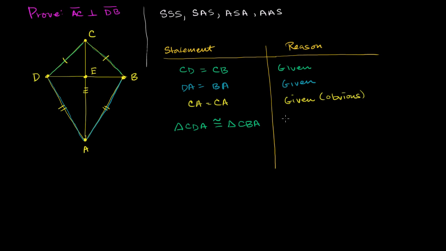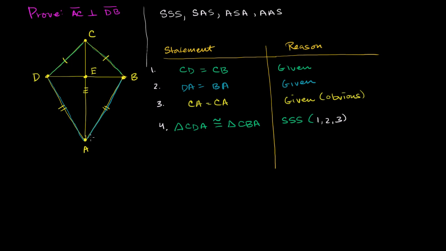And we know that by the side, side, side postulate and the statements given up here. Actually, let me number our statements just so we can refer back to this: 1, 2, 3, and 4. So side, side, side postulate and statements 1, 2, and 3 let us know that these two triangles are congruent.